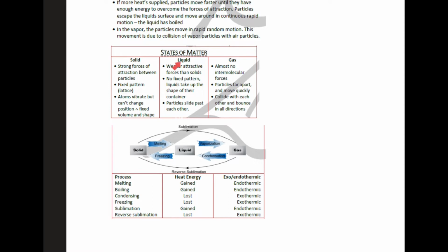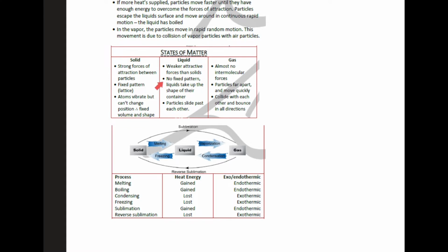So let's see liquid. Weaker attractive forces than solid. They use up some heat energy to overcome the forces of attraction during the melting process. So that's why you have weaker attractive forces.